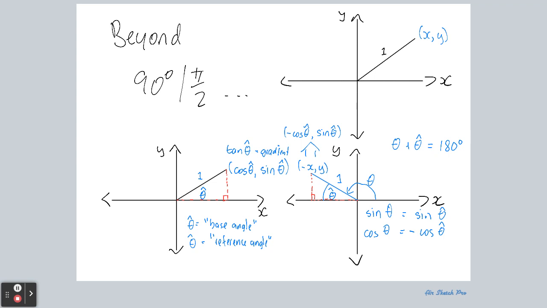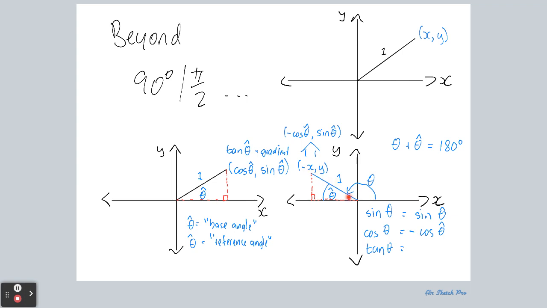In the second diagram, we have tan theta is equal to, well, what is that?